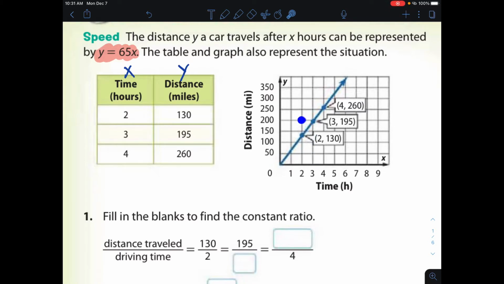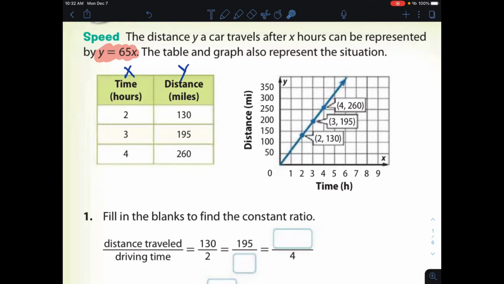According to our graph, we plotted 3 hours, 195 approximately here. And in 4 hours, the distance traveled by the car is 260 miles, so 260 is around this area right here. So our table has been converted into 3 ordered pairs: (2, 130), (3, 195), and (4, 260).